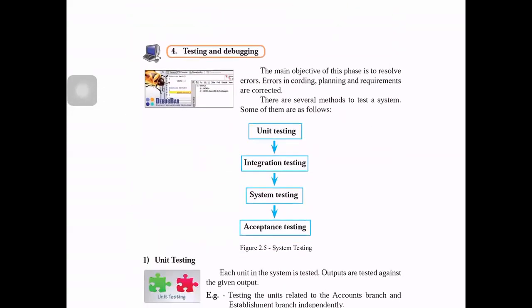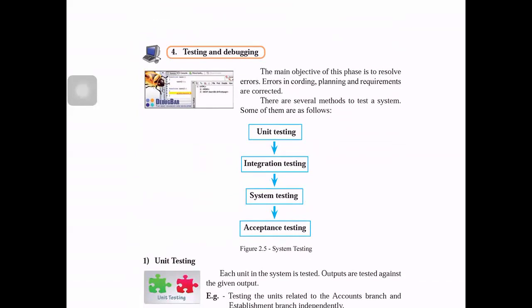And the 4th phase is the testing and debugging. Testing and debugging means we do several tests to find out whether there are any bugs. Bugs means any incorrect places or incorrectly acting module inside our system. So just give me a second.